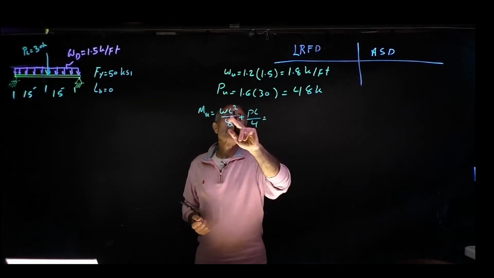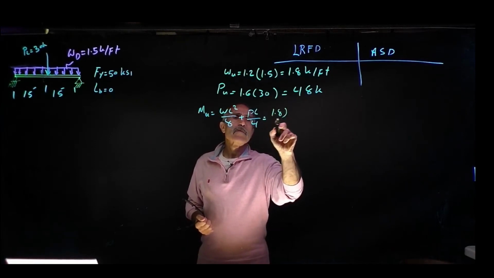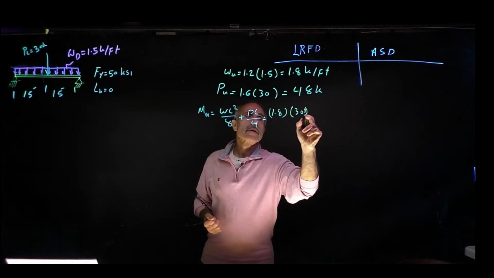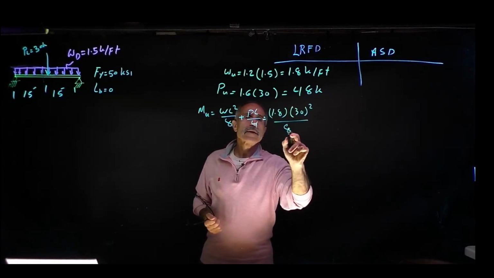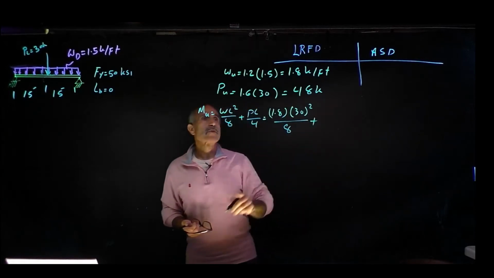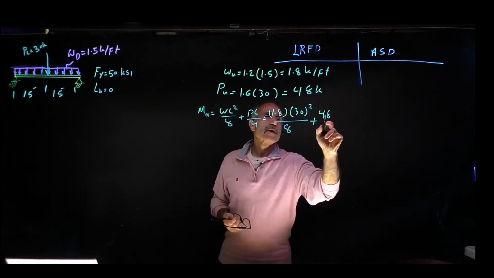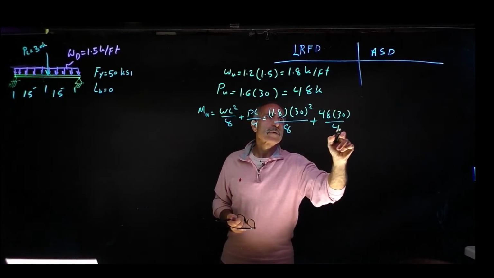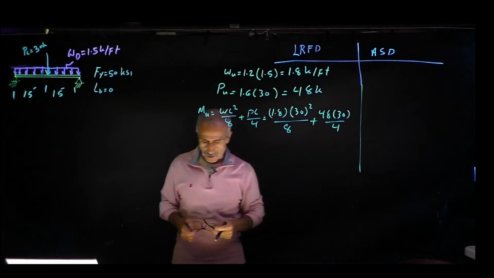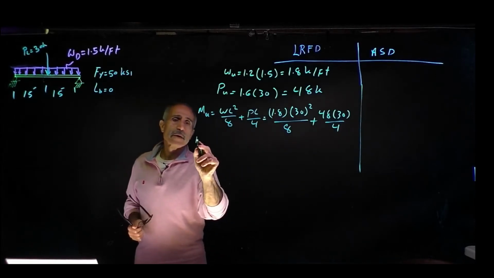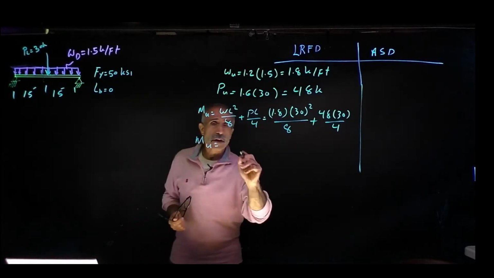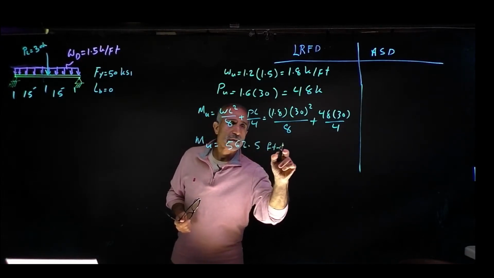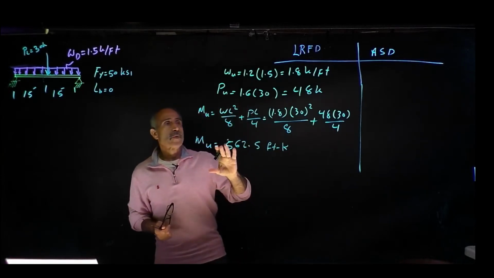I have w as 1.8 multiplied by L squared, which is 30 squared, divided by 8, plus P, which came out to be 48, times L, which is 30, divided by 4. My Mu comes out to 562.5 foot-kip. So this is LRFD.